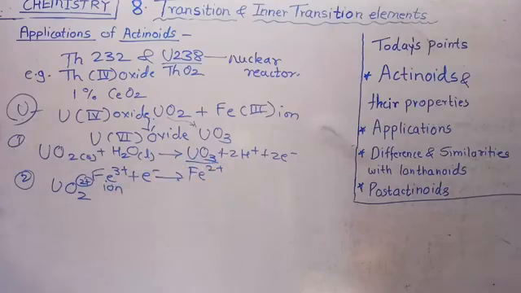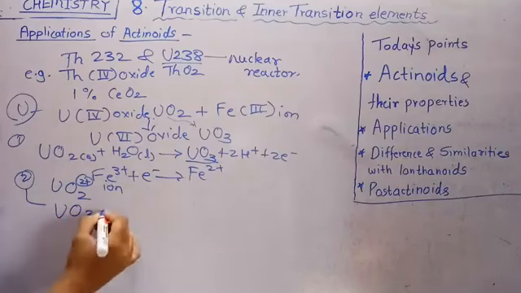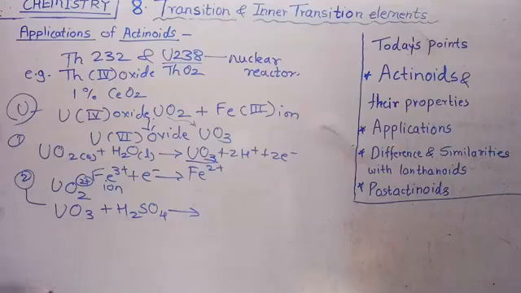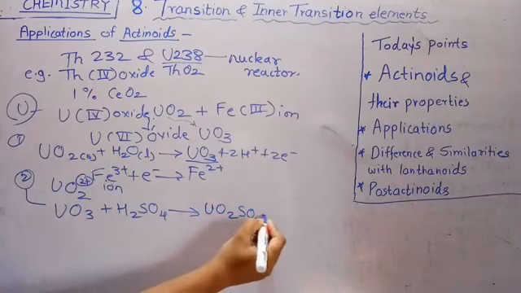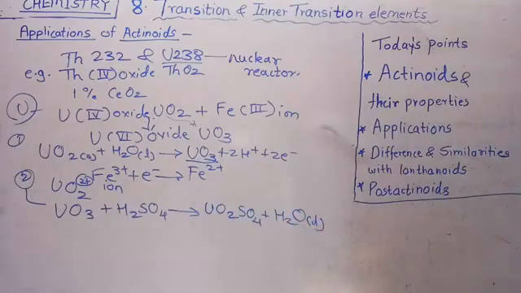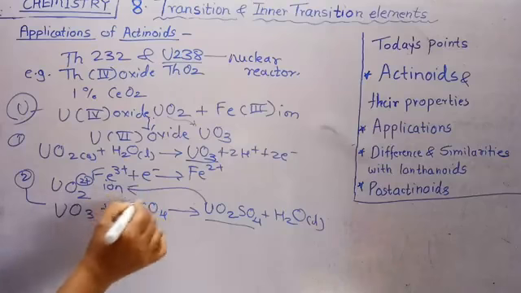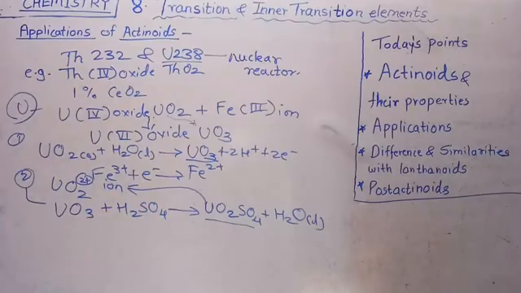After the formation of uranium(VI) oxide, there is the addition of sulfuric acid to form uranyl sulfate, and the reaction is UO3 plus H2SO4 to form uranyl sulfate UO2SO4 plus H2O. Right? That uranyl sulfate contains this ion UO2 2+. This is the second step.